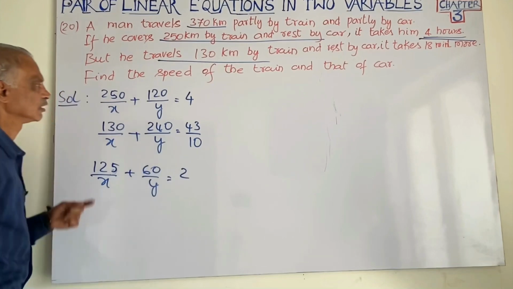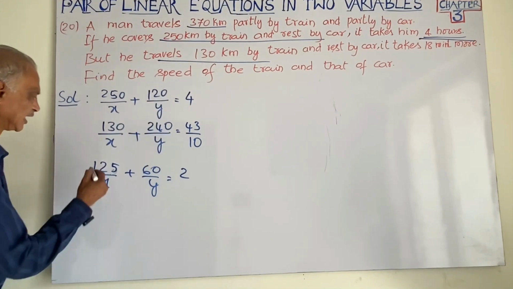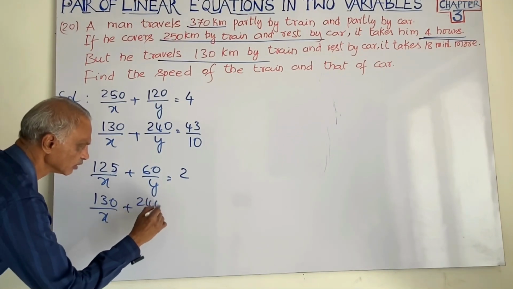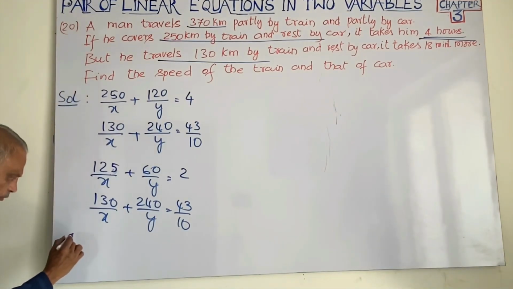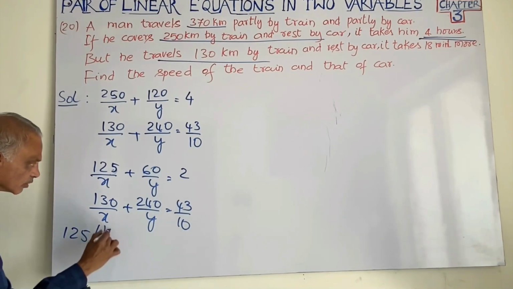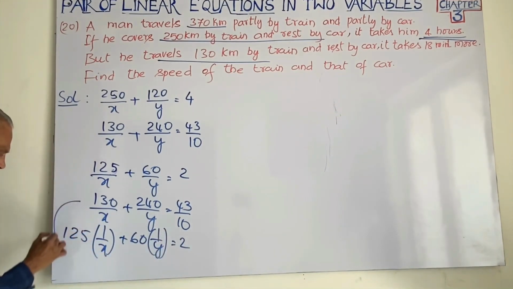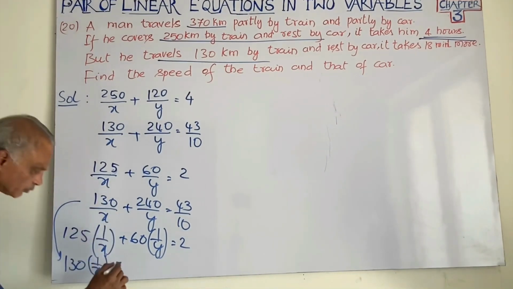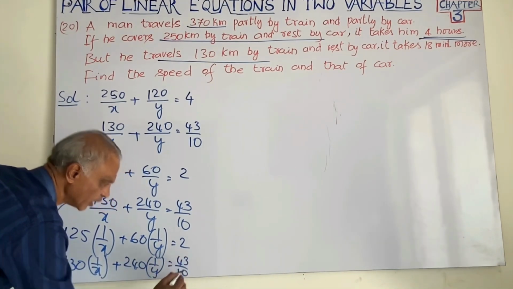I have taken 2 common, and 130 by x plus 240 by y is equal to 43 by 10. This can be written as 125 into 1 by x plus 60 into 1 by y is equal to 2, and 130 into 1 by x plus 240 into 1 by y is equal to 43 by 10.